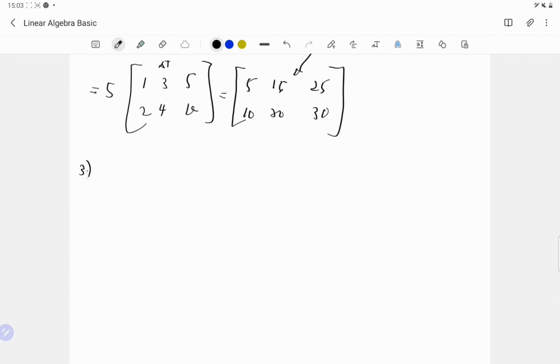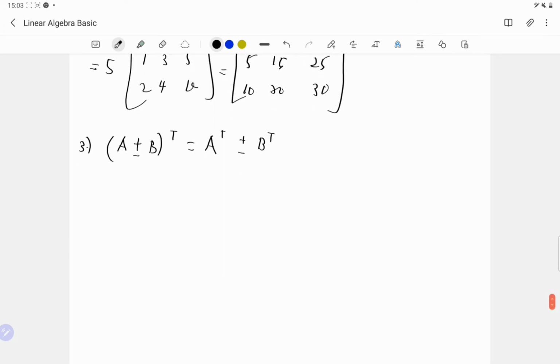The next property is this: the transpose of matrix A plus or minus B is equal to the individual transposes, AT plus or minus BT. Let's prove it.